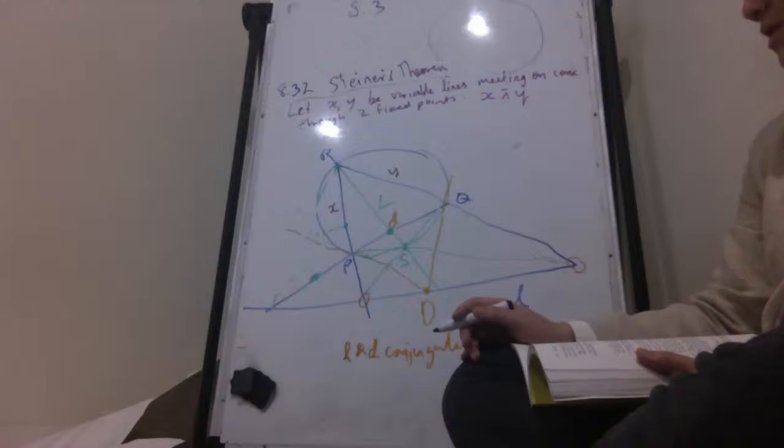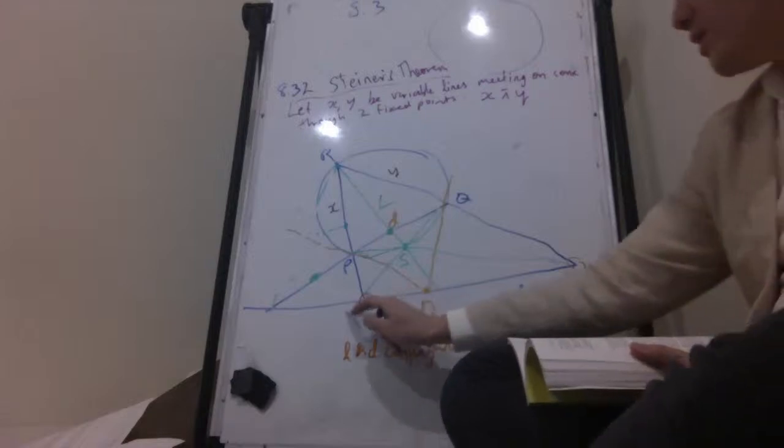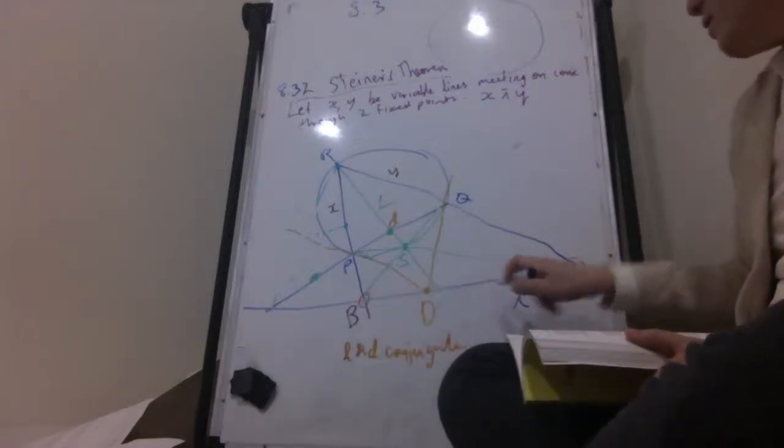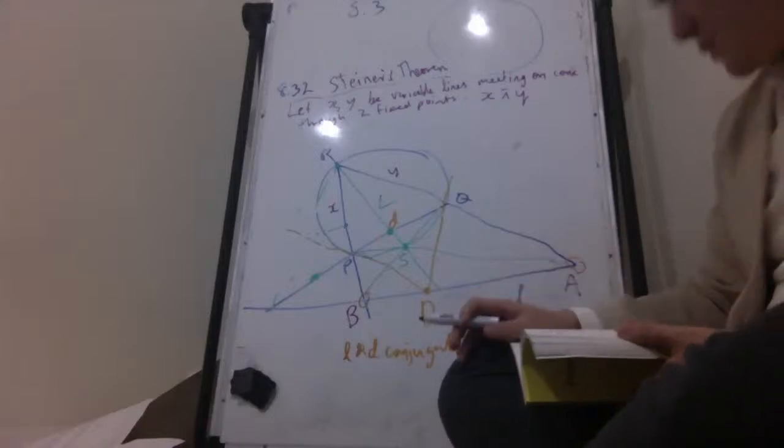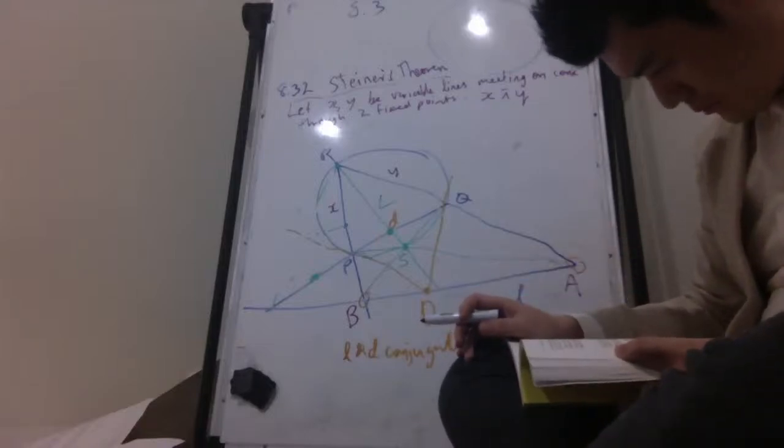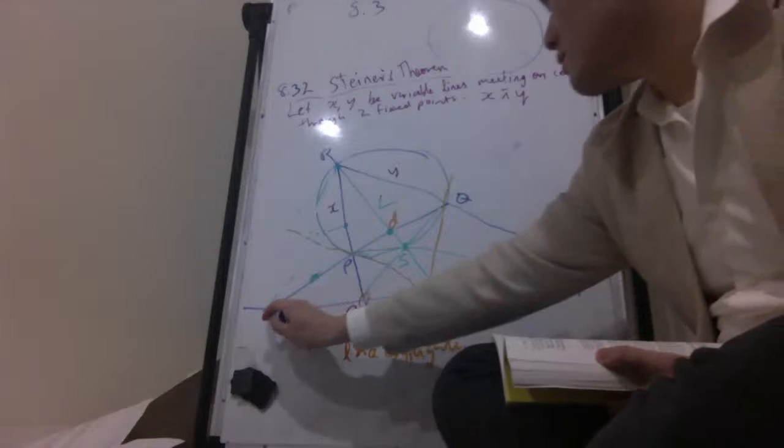Meeting X in B, so this is called B, and this is called A. RQ meets it at C1.